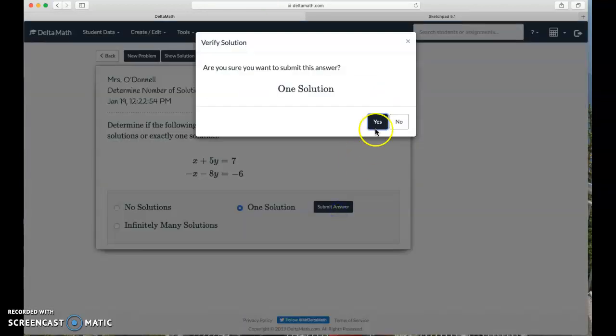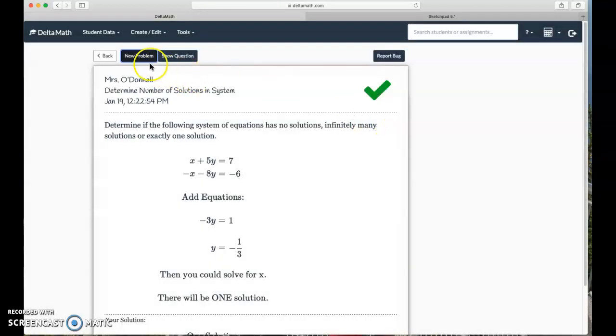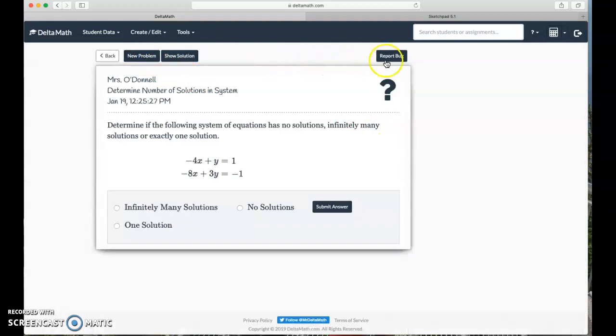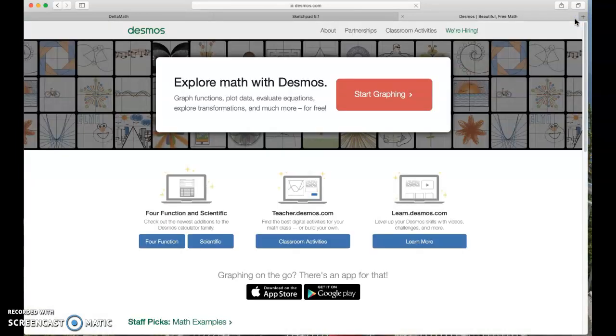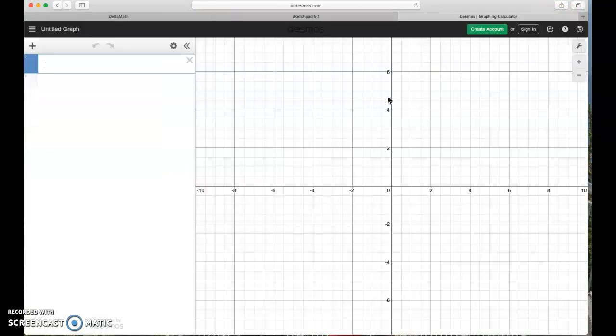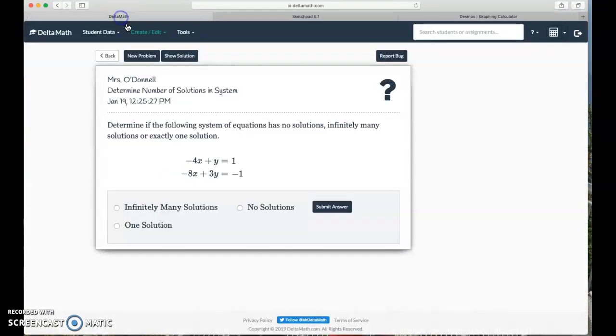Okay. Another way that we could do this, if we grab a new problem, for example, if you wanted to do this and try and get through it a little quicker, you could hop on over to Desmos, one of my favorite websites. We're going to start graphing, and you could just type it in.